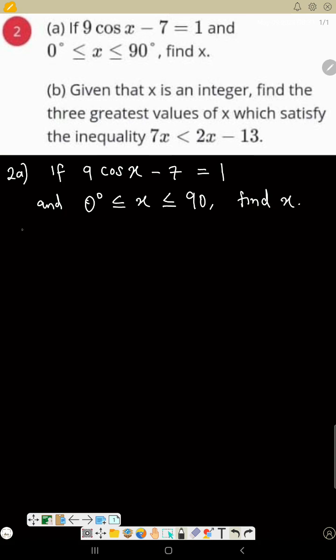So to find x, given, we have 9 cos x minus 7 is equals to 1. So now collect like terms, that is take 7 to the other side.